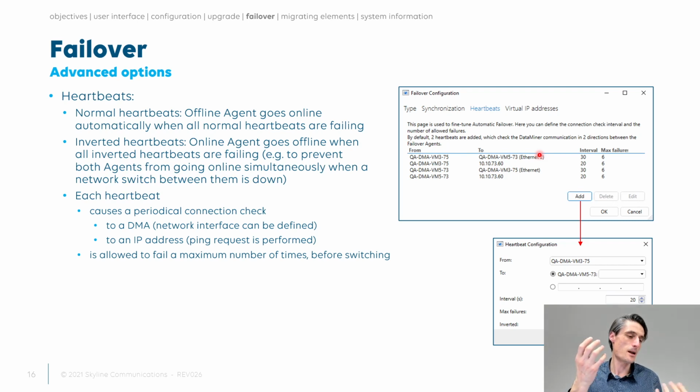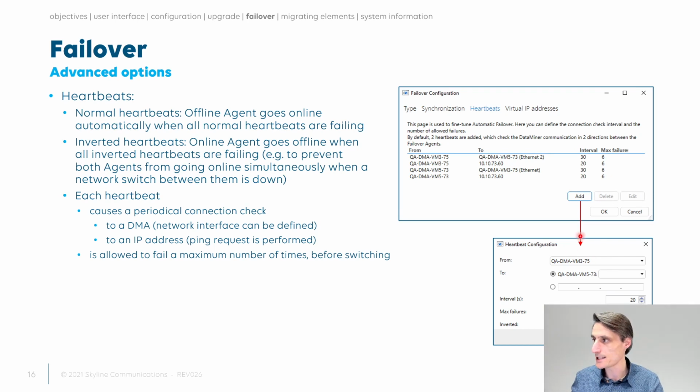If the heartbeat fails to his buddy, he needs to go online. But if the heartbeat fails to the switch, he actually needs to go offline, because then he says, "Oh, I'm no longer on the network where I should be, I'm going offline." So that's why it's an inverted heartbeat. If the heartbeat fails to the buddy, it needs to go online. If the heartbeat fails to the switch, it needs to go offline.